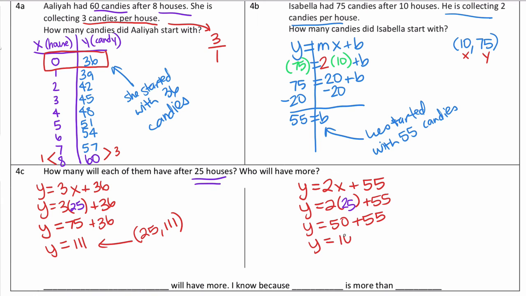Y equals 105. So that means that after 25 houses, that person only has 105. So who has more? Well, this person Isabella has only 105, and this person Aaliyah has 111. So we say Aaliyah will have more. I know because 111 candies is more than 105.